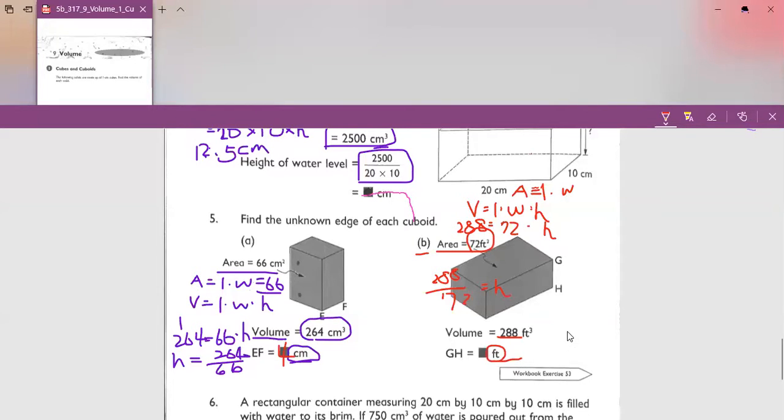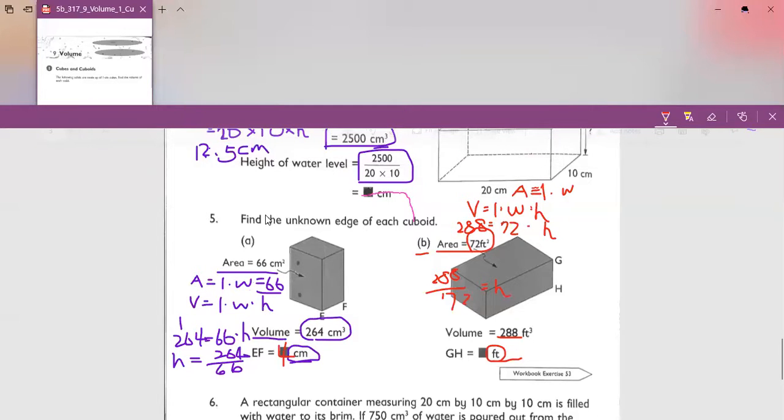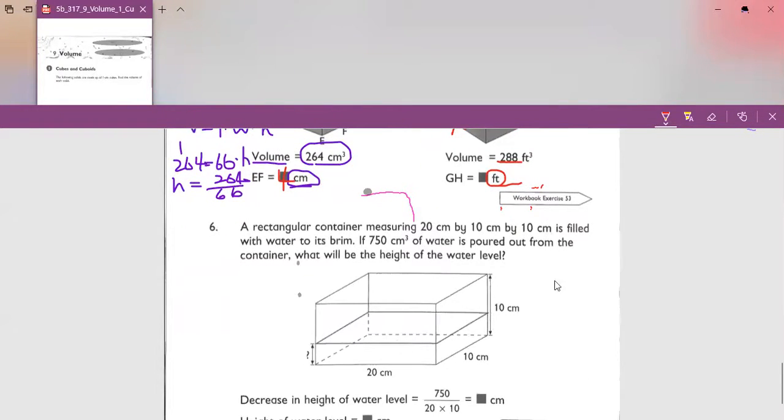We have the unit. Good job. Excellent. Okay, very good.